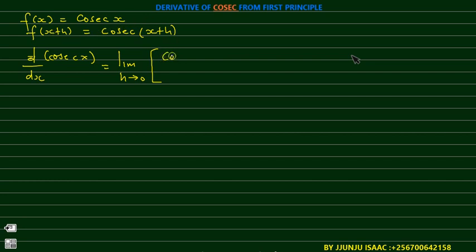Here we have cosec x plus h minus cosec x upon h.